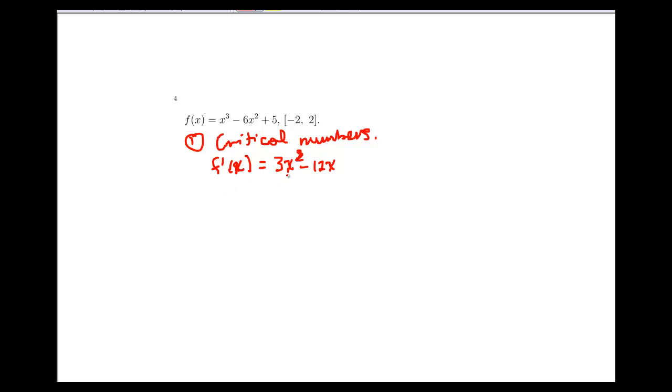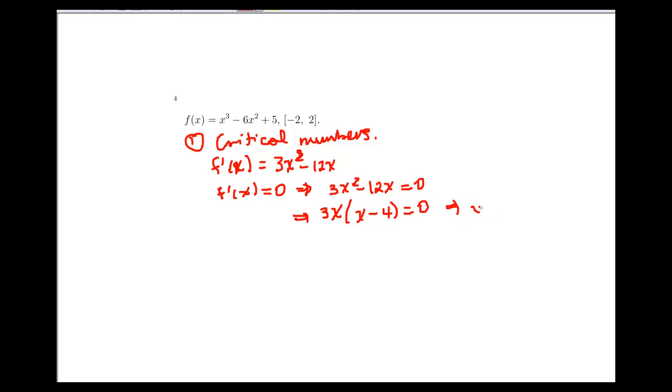And now set that to 0. f prime of x equals 0 gives you 3x squared minus 12x equals 0. Factor 3x, that gives you 3x times (x minus 4) equals 0.